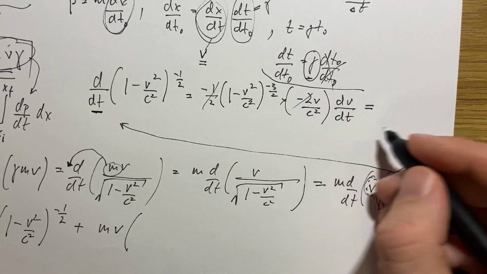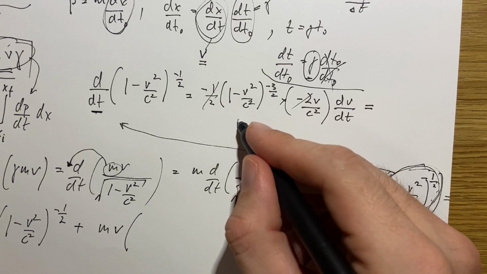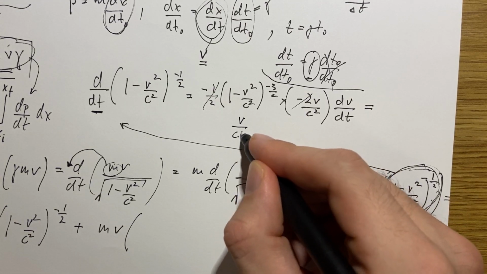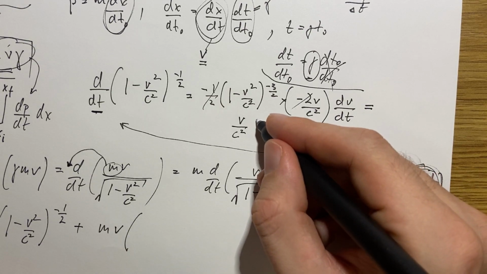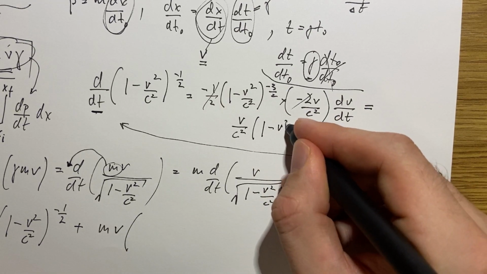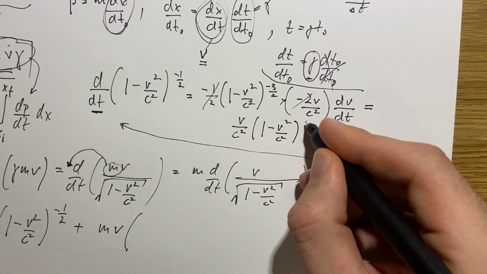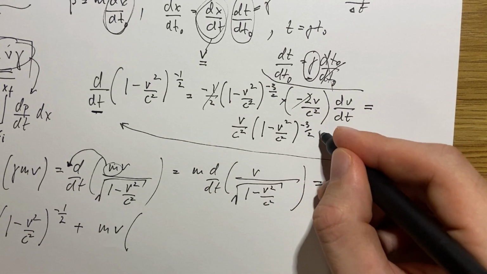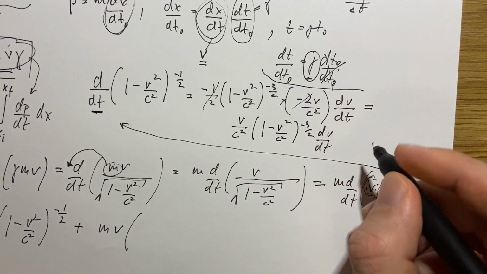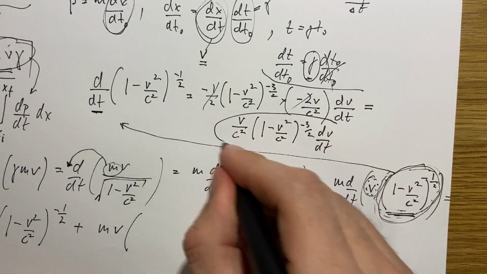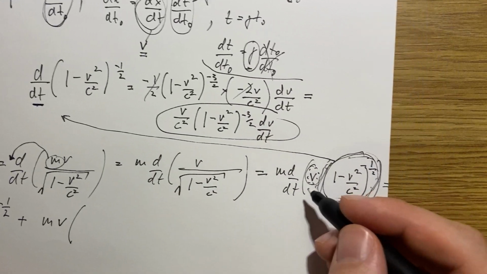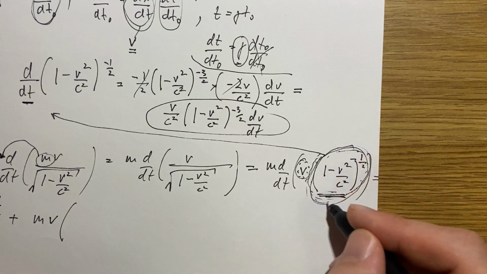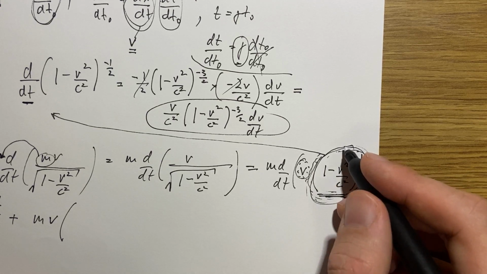So what we'll get is v over c squared times (1 minus v squared over c squared) to the power of minus 3 halves times dv by dt. So we'll have this expression, and that is the time derivative of this function, which we needed for the product rule.